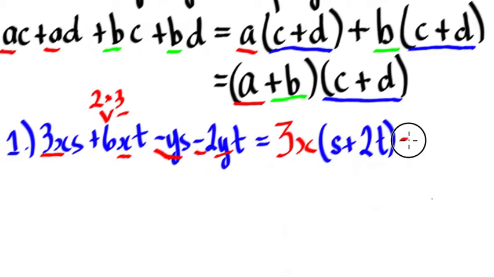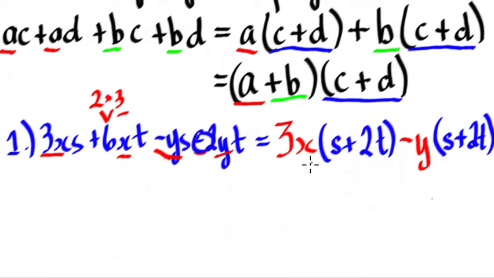That will become minus y. Then we copy the rest: if we take out the minus y, what is left is s, and plus 2t. It is plus because we have taken out the minus sign. Maybe you're wondering where the minus sign went. It was taken out because we have a factor of negative 1.